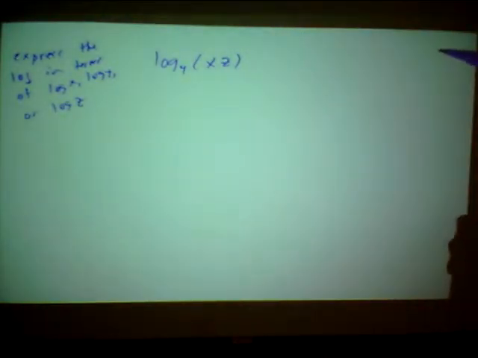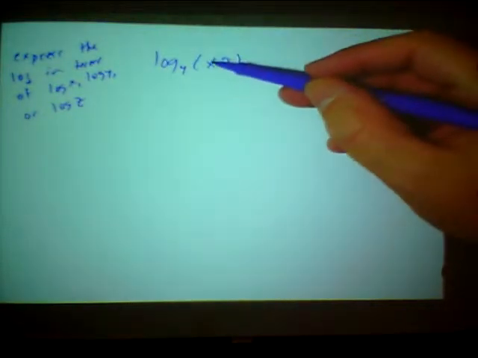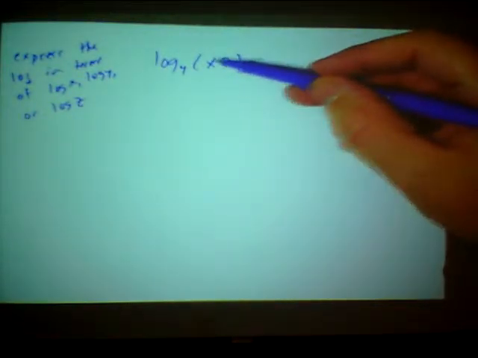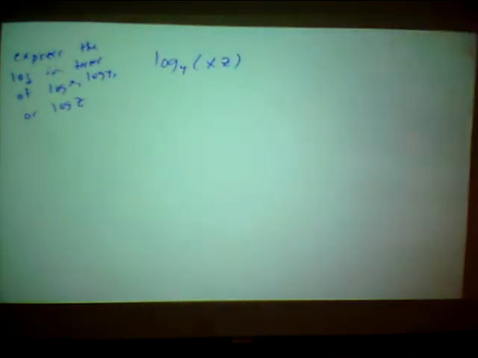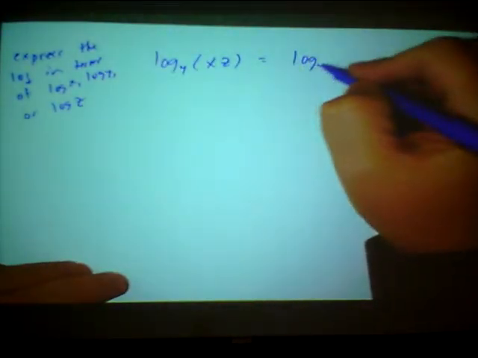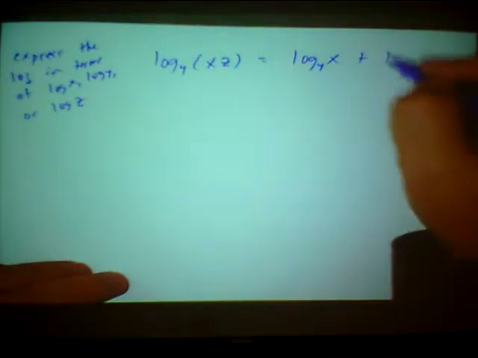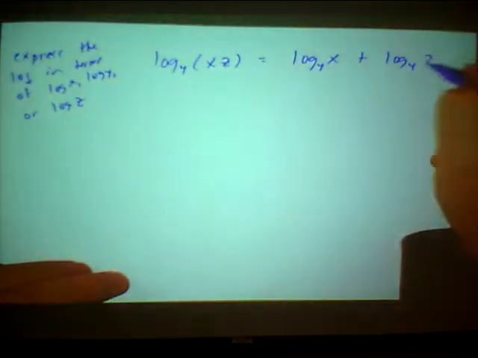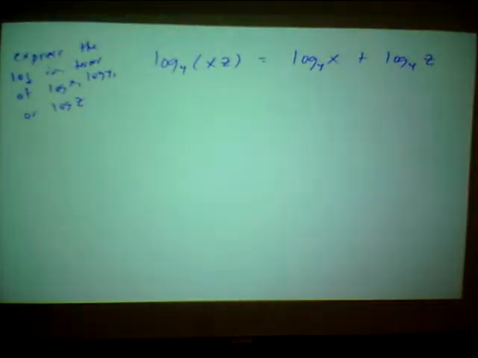So you remember, if you're adding 2 log terms together with the same base, if you turn them into one log, you multiply the arguments. So if I want to take where my argument is 2 things multiplied and break it up into 2 logs, hopefully it becomes rather obvious. Then I can write it like this.